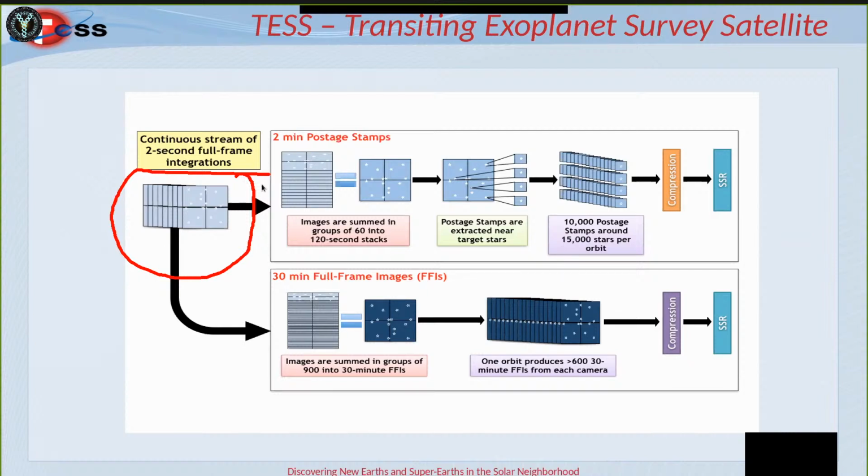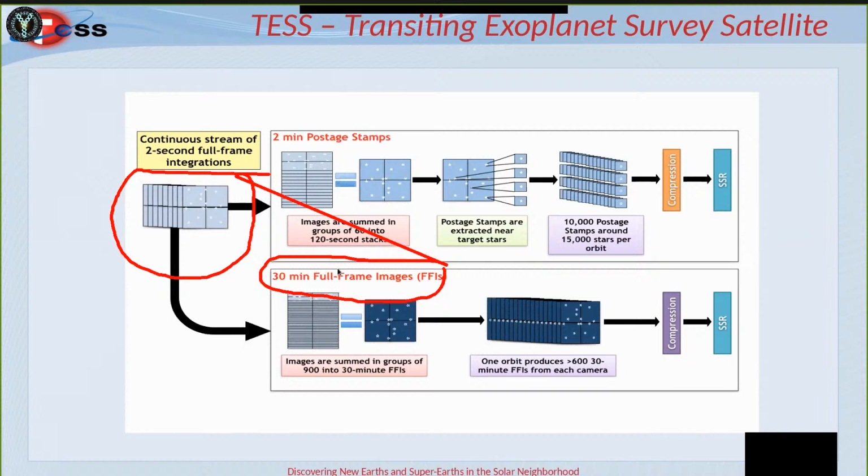And these 20 second frames are also stacked. There are 2 types of images at this moment which are retrieved. We take exactly 90 of these 20 second long elementary frames, we stack them, and we get something called full frame images.